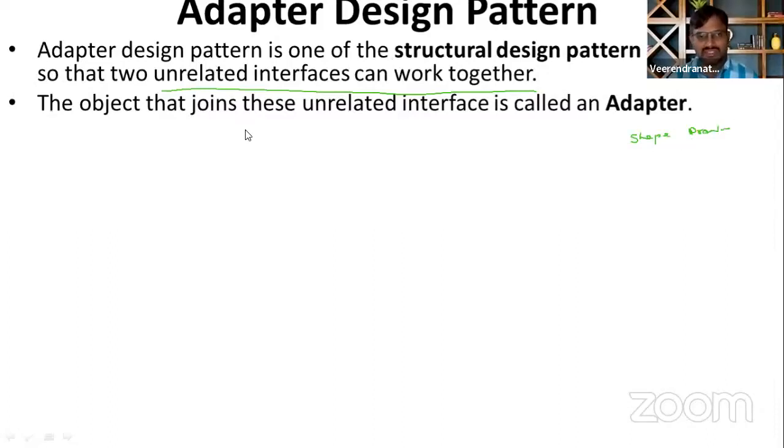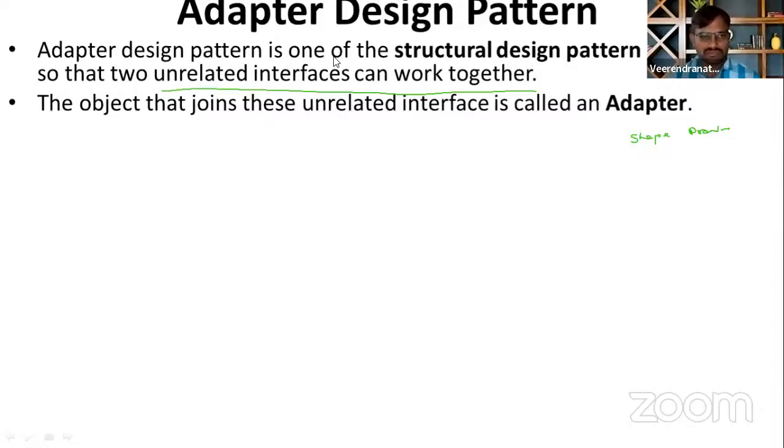But in this structural design pattern, the adapter pattern, I'm going to work with two unrelated interfaces, and I will make them work together. That is the main point under the adapter pattern.